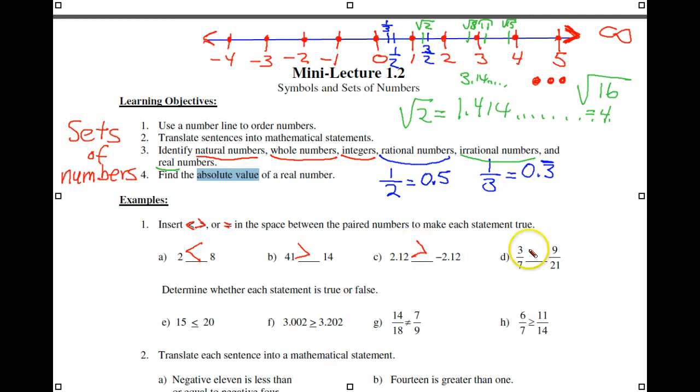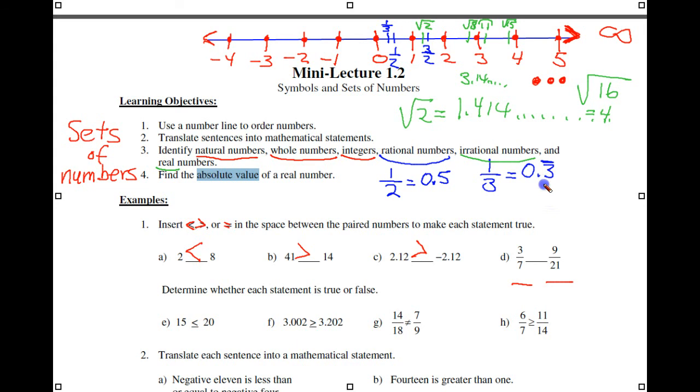Now, when you get something like this, it is a little tricky because you need to know your fractions a little bit. And when we compare fractions, we have to compare their denominators as well, and often make them equivalent fractions.